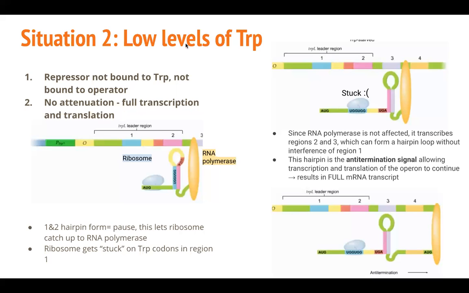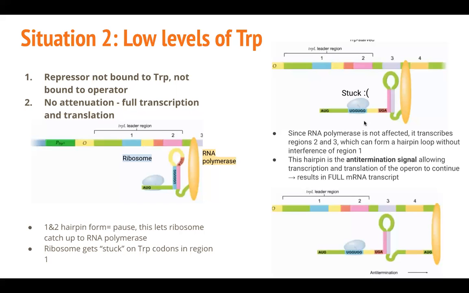In this situation, you have low levels of tryptophan. So at this UGG, these are 2 codons that code for tryptophan. If there's a low level of tRNA tryptophan, the ribosome is going to get here and be stuck because it doesn't have enough tRNA tryptophan.